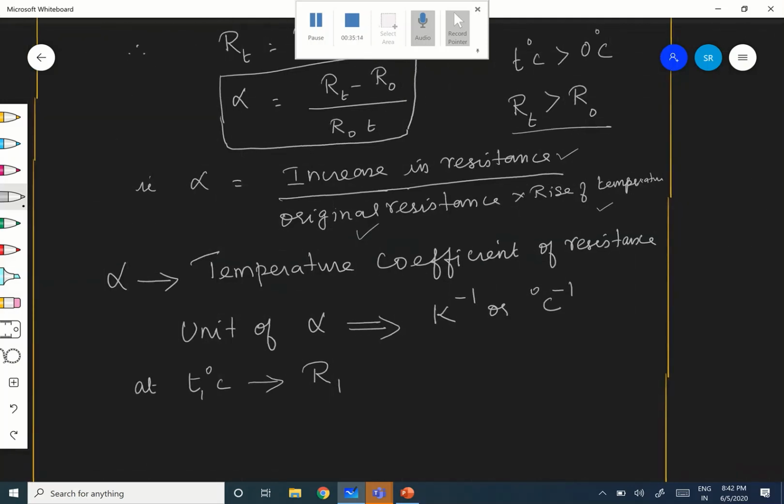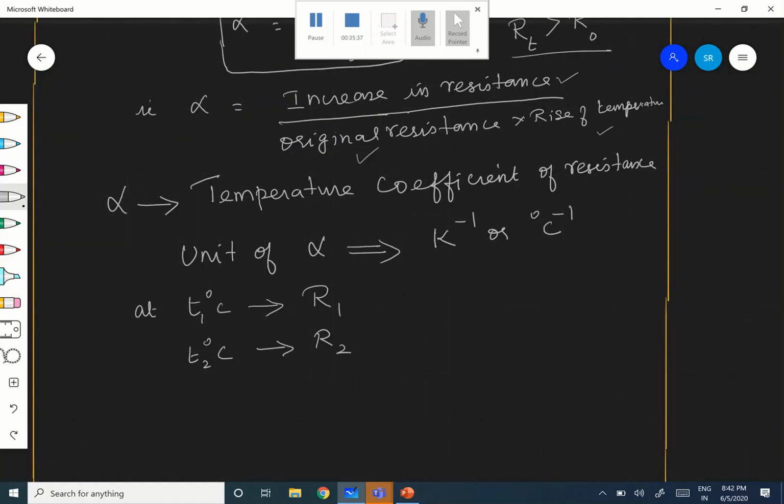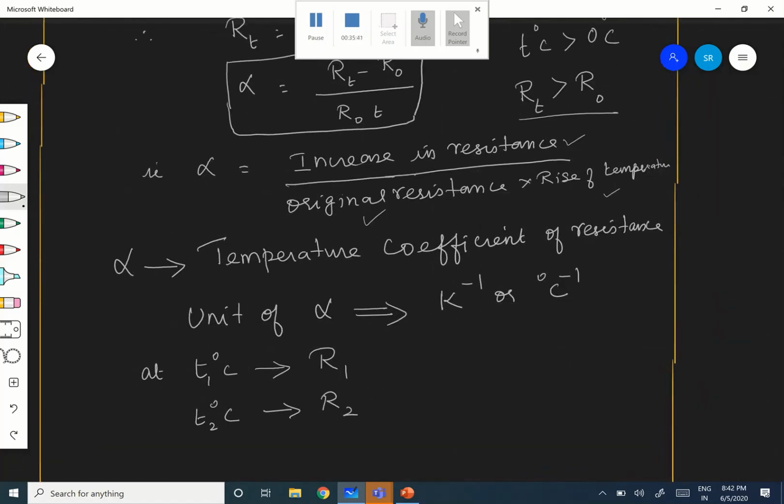And at T2 degree Celsius, the resistance is R2. So I am telling everything orally: at T1 degree Celsius the resistance is R1, at T2 degree Celsius the resistance is R2. How are they related? Alpha is equal to the increase in resistance.